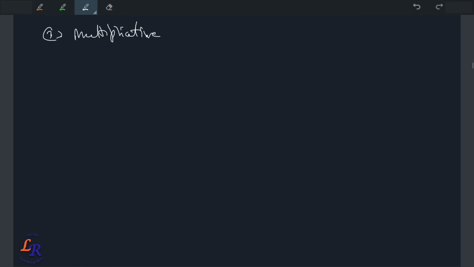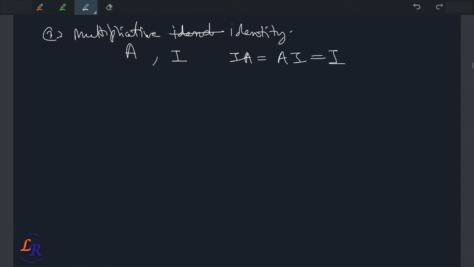Multiplicative identity is what? If there is a matrix A and there exists a matrix I such that IA is equal to AI is equal to A, in that case I is called the identity.